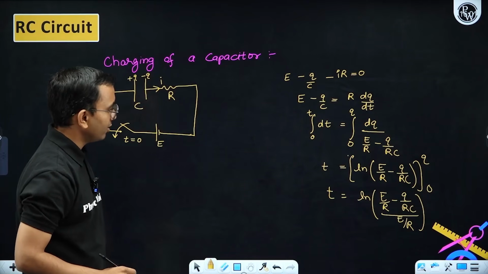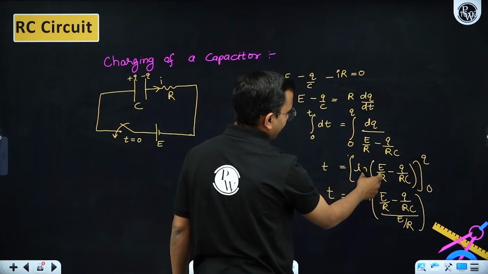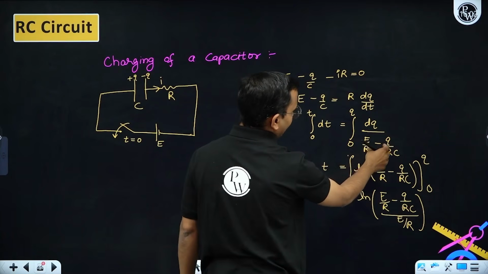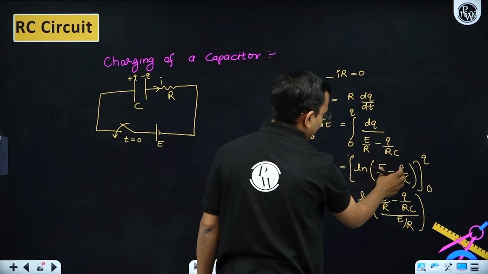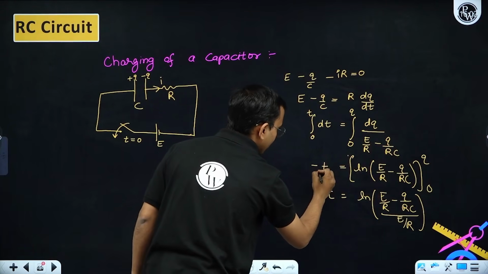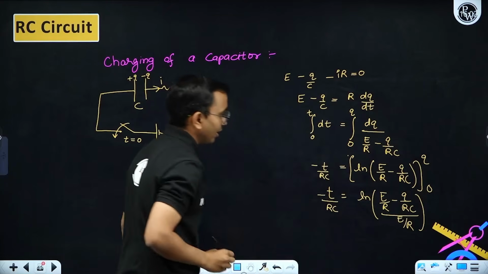Everything is fine, I hope so. Just a minute, yeah. E by R, when I was integrating it, there was differentiation of this part in the denominator as well, so minus 1 by RC, it will come like this.